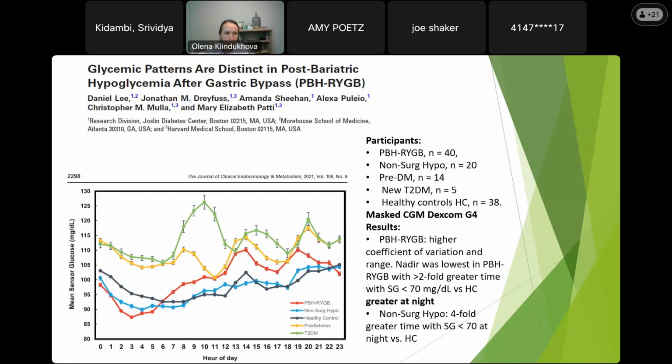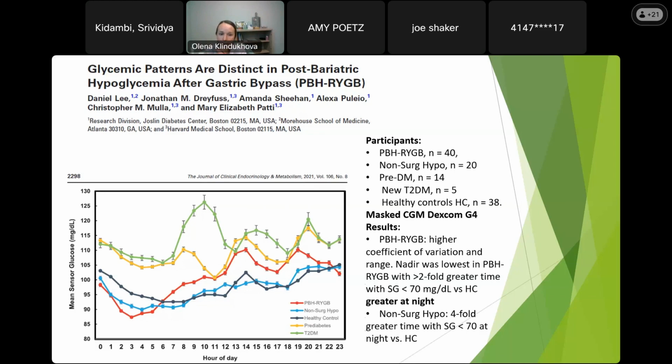Okay, so that's another study showing hypoglycemic pattern in post-bariatric patients, and this is a little bit more cumbersome study, when they had several groups. They had post-bariatric patients, non-surgical reactive hypoglycemia, and they compared those to pre-diabetic, new diabetic, and healthy control. In that study, they were not able to use the G6, they used the G4 Dexcom.